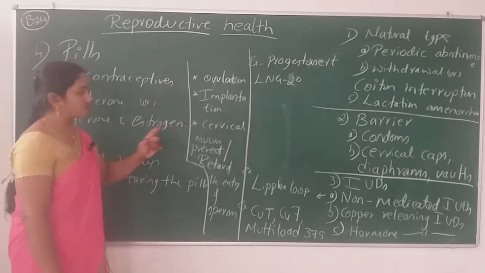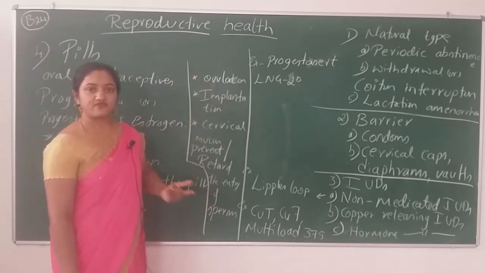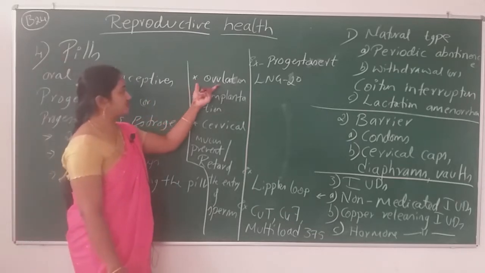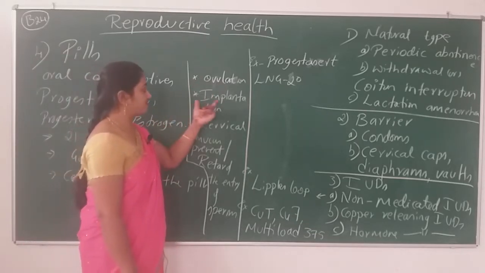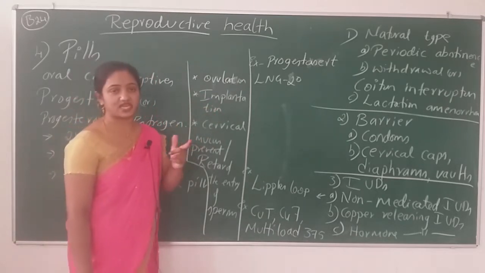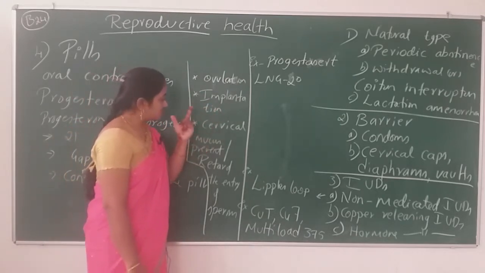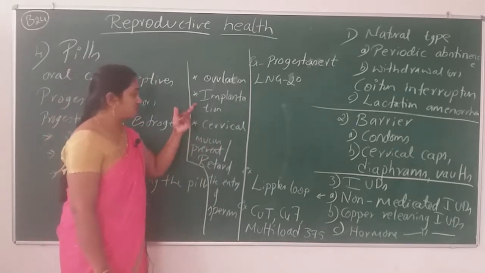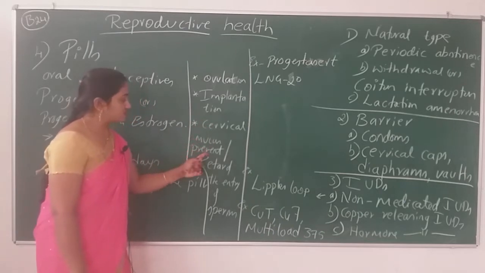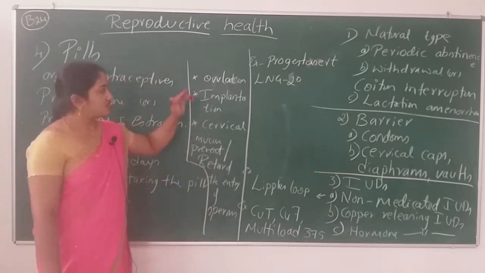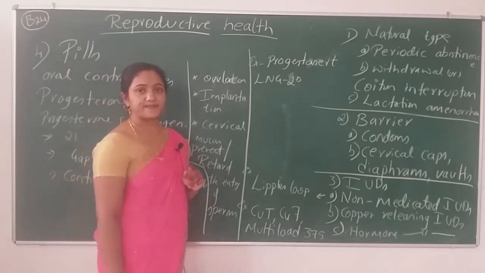So these are the functions of pills. It will affect ovulation. Implantation does not occur once she starts taking the pills, and the pills also show effect on the cervical mucus. The cervical mucus prevents or retards the entry of sperm. So these are the functions of pills.